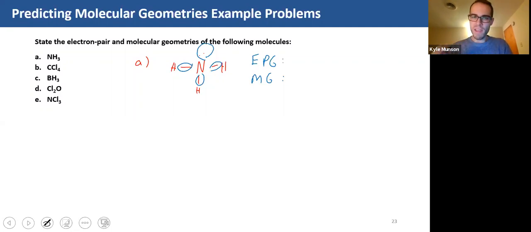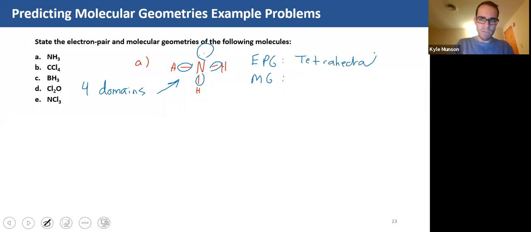So another way to say that is 4 domains. For 4 domains, the electron pair geometry is tetrahedral. I think I spelled that right. But for the molecular geometry, if all 4 of those are bonding pairs, then the molecular geometry would be the same as the electron geometry.